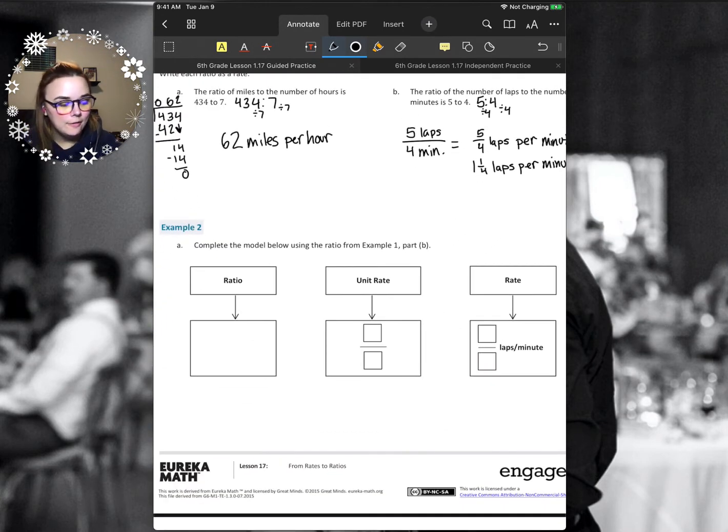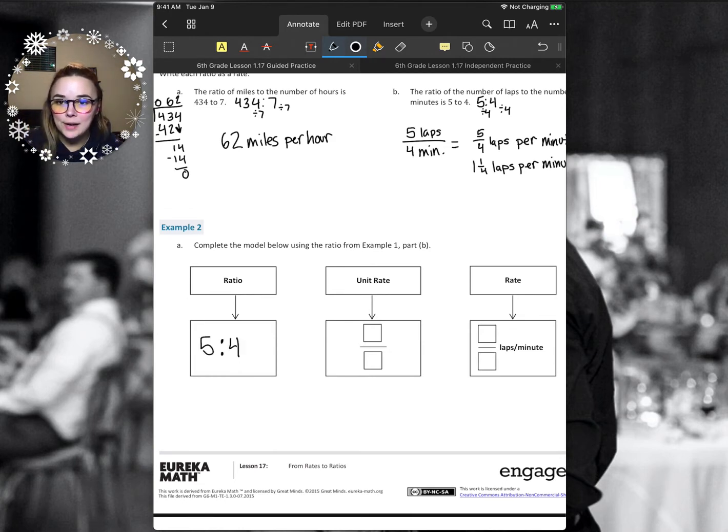We have these 3 flow charts to show our ratio, our unit rate, and our rate. We're looking at B, the number of laps to the number of minutes, that last question that we just talked about. Our ratio is the original ratio from our problem, which is 5 to 4.